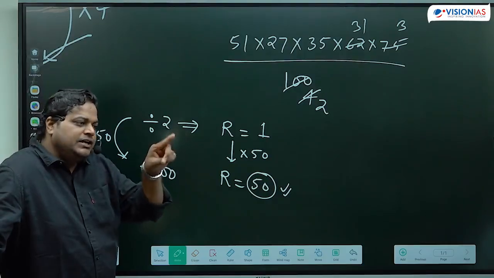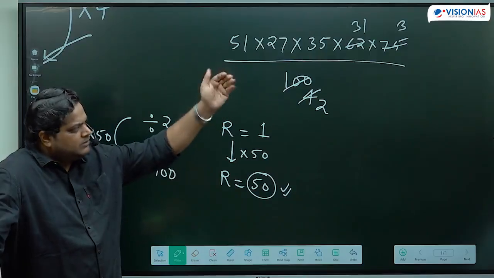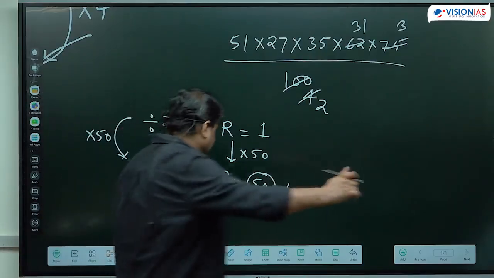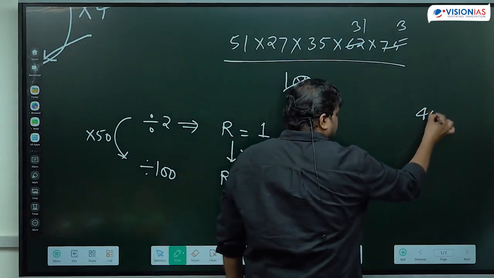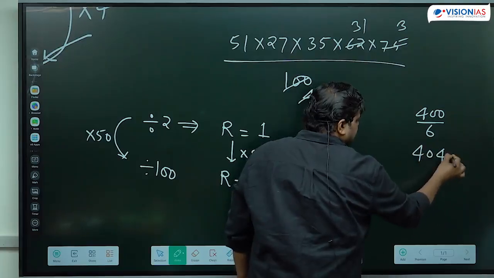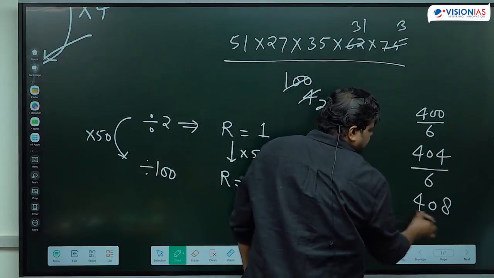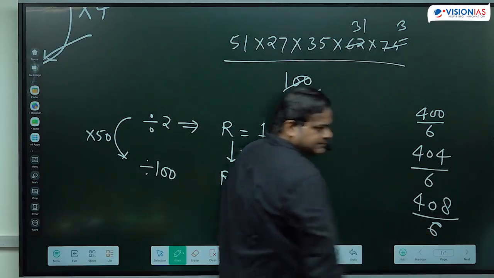For 101 terms, 101 into 4, and 102 terms, divide and check. What answer came there? Exactly, 404 by 6. If we are taking 102 terms, 408 by 6.